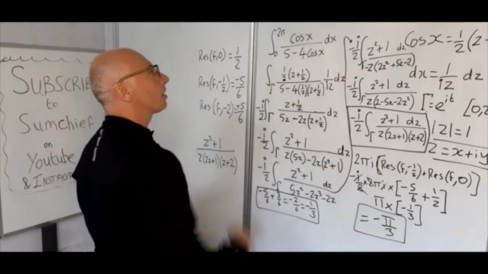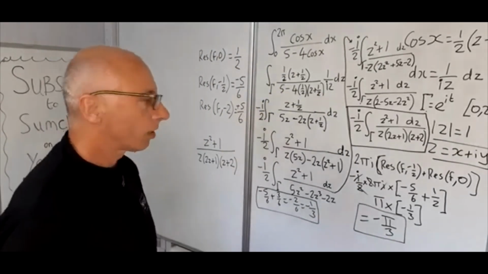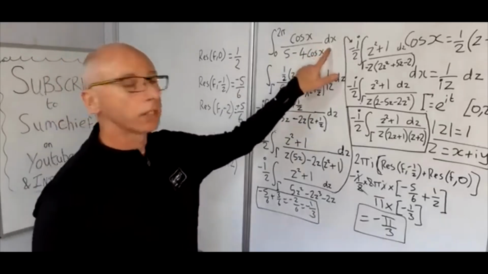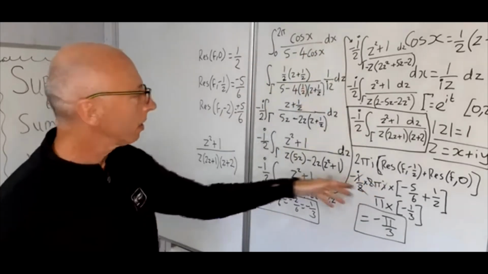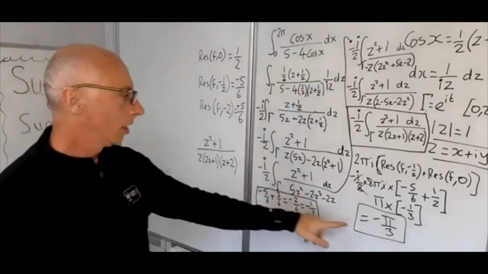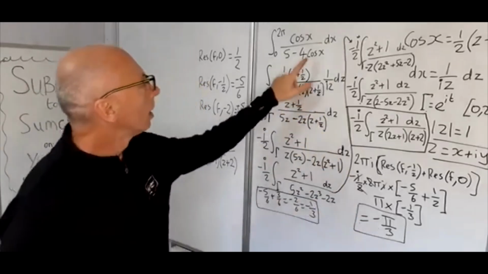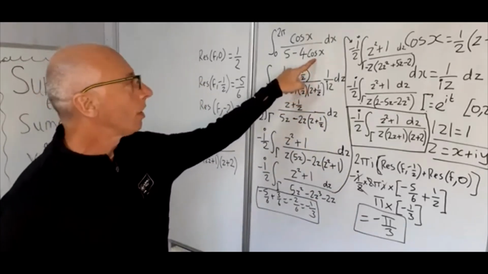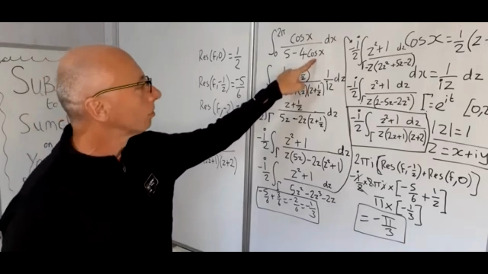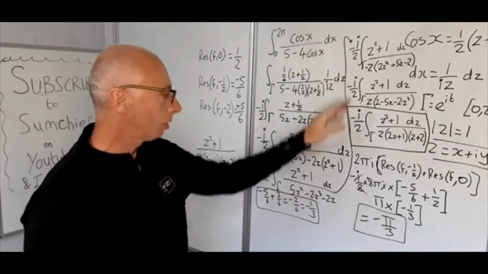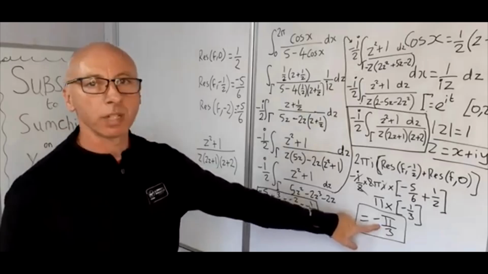That's the answer to this integral. Starting off from a real integral, using complex analysis and the residue theorem, we get our answer. And when we first looked at that, it looked really horrendous to try and integrate that function. So by using some simple algebra, minus pi over 3 is our answer.